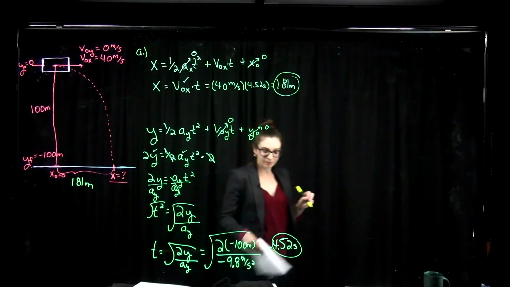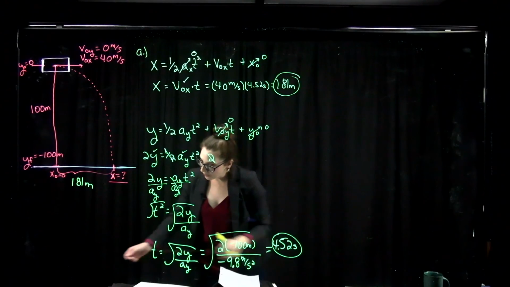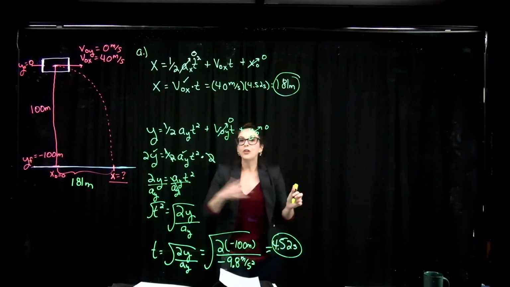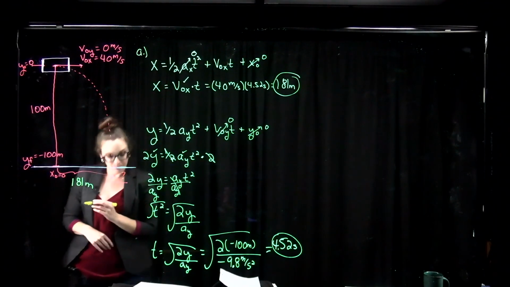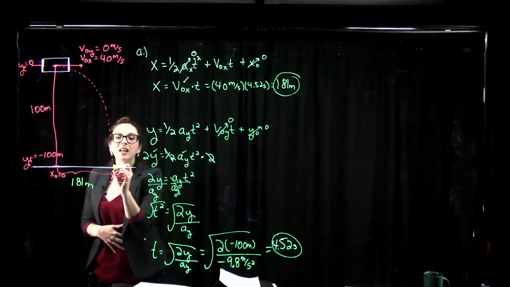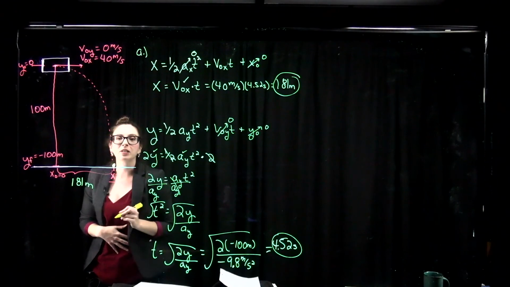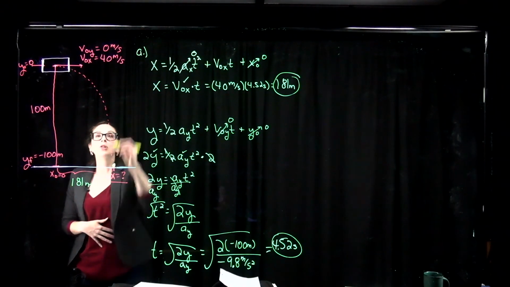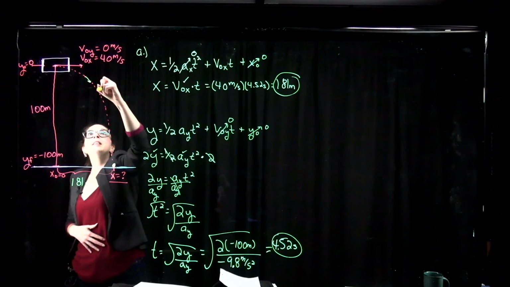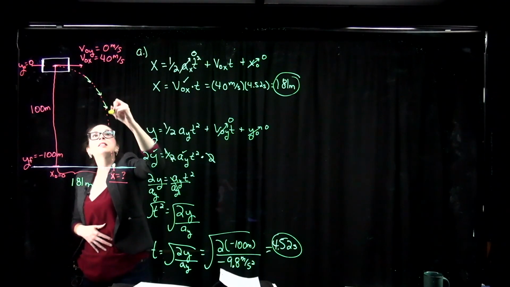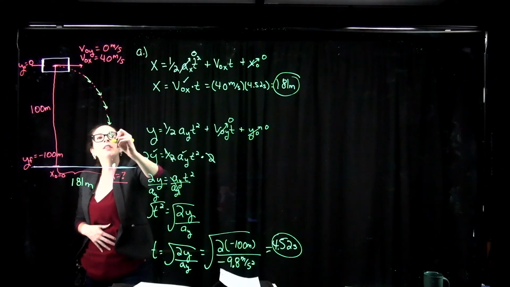Part B is to find the horizontal and vertical components of the velocity of the package at the instant just before it strikes the ground. So right here. So you see, as our package is falling, its velocity vector is like this, right? As it's falling, falling, falling.